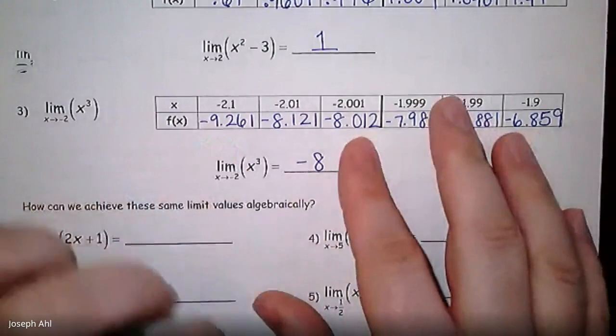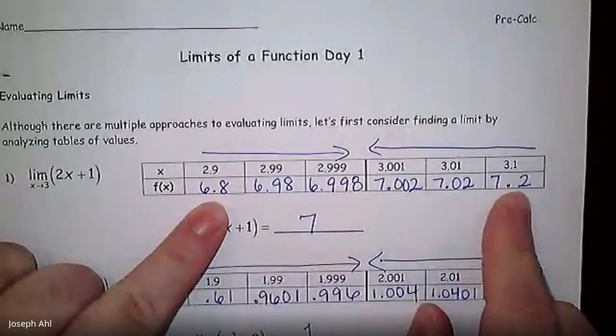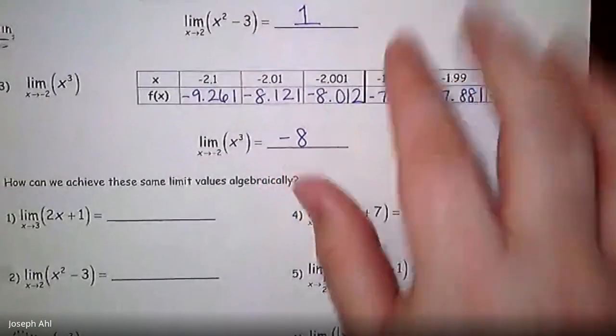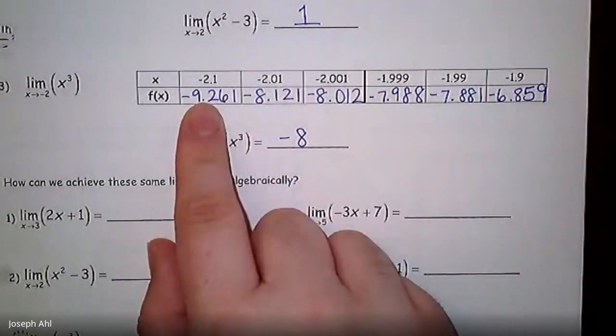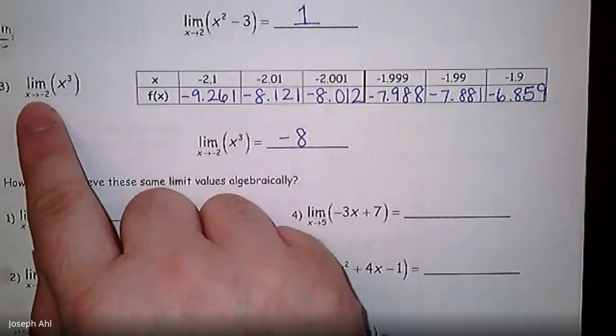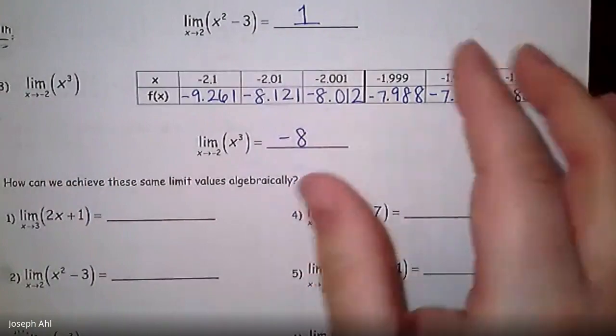They certainly don't help you as much as, let's say in the first one, yeah, I mean 6.8, 7.2, I would probably guess the limit in that case was 7. But as we look at a function like x cubed, we're going to see a bigger difference the further we move away from this value that x is approaching. So just kind of a quick thought there.